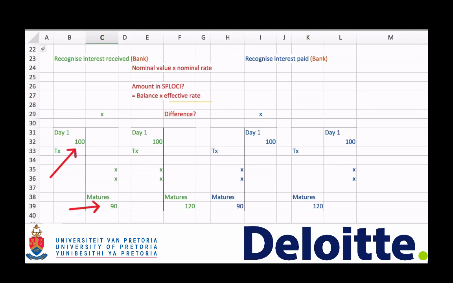Then you put in as your future value the amount that it matures for. And then you take your cash flow interest over the period based on the nominal value times the nominal rate, the cash that will be exchanging hands. And then you calculate an interest rate, and that interest rate will tell you what your effective interest rate is for accounting purposes to calculate the interest that you're going to be showing in profit and loss.